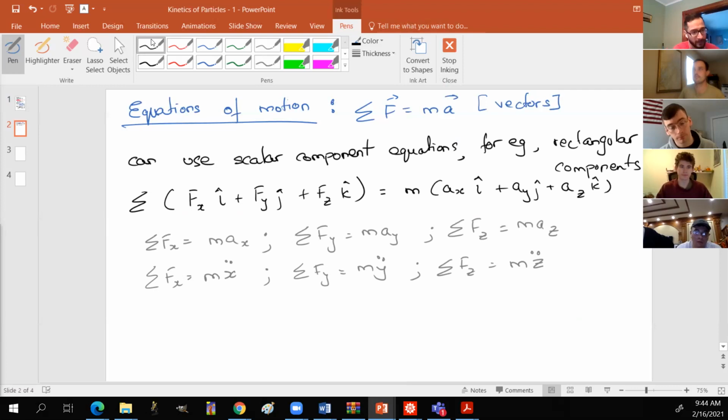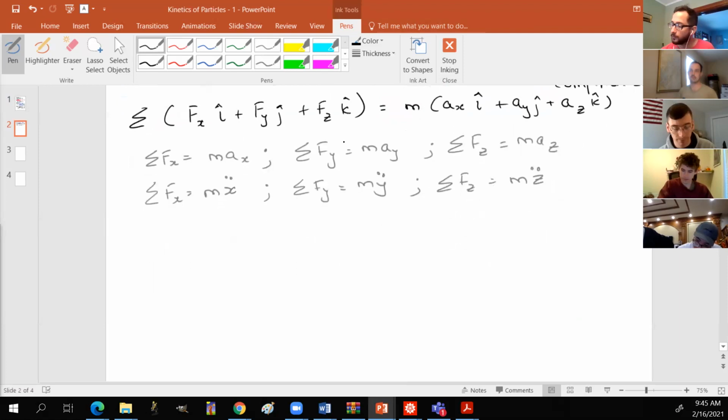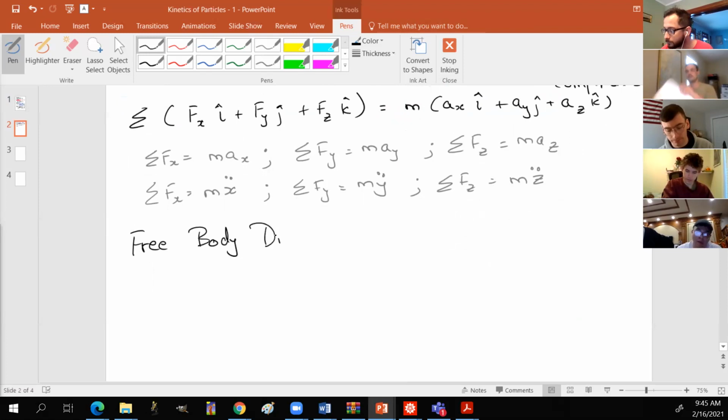You draw a free body diagram for all of the forces, for the left-hand side of the equation, and then a diagram for all of your accelerations, for the right-hand side. In statics, you didn't have to do the right-hand side because the accelerations are zero. So you have free body diagrams and, very important, our new friends, kinetic diagrams.